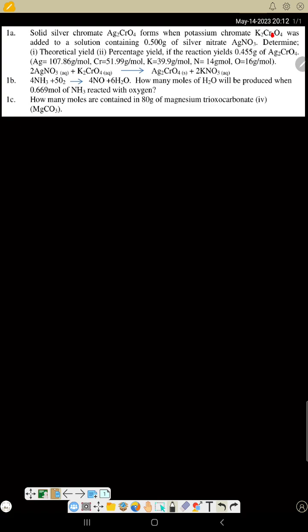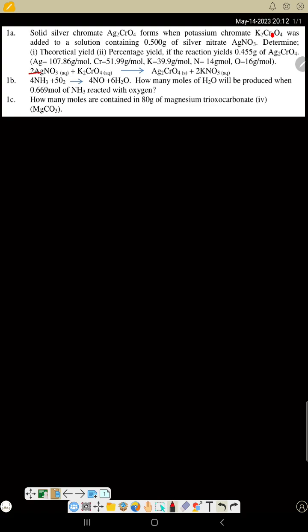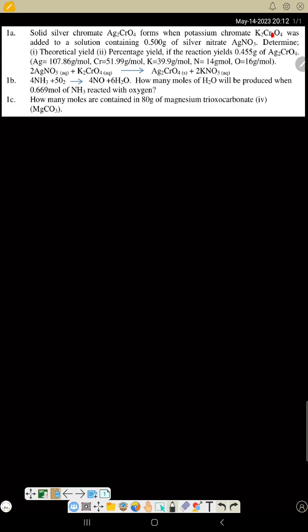So the balanced equation for the reaction is given. This is it. So let us write the balanced equation out. So we have 2 AgNO3, so 2 silver nitrates, then plus potassium chromate.